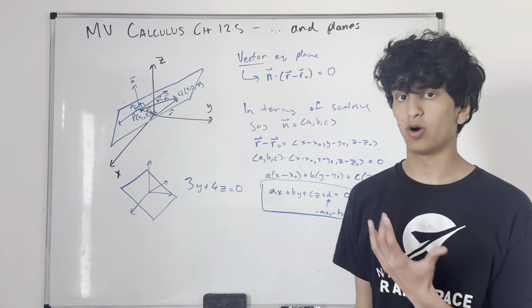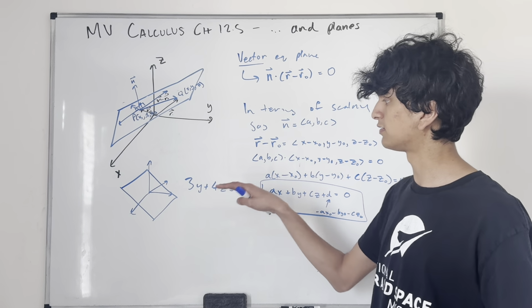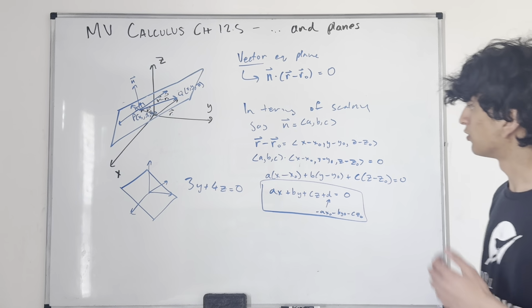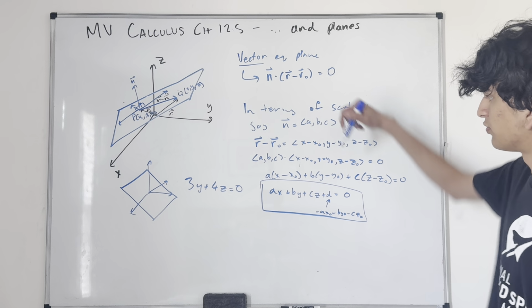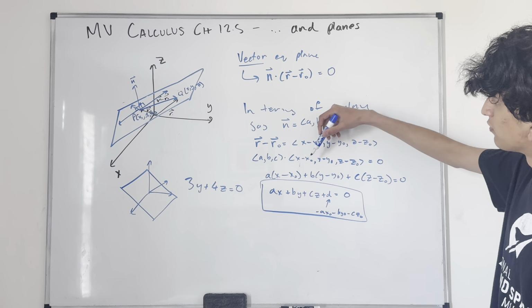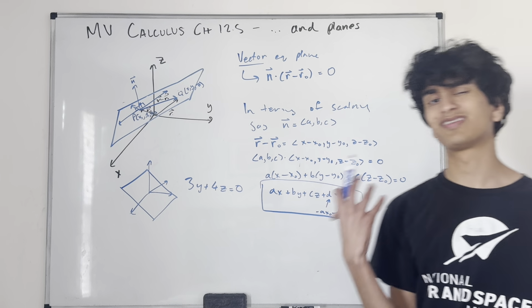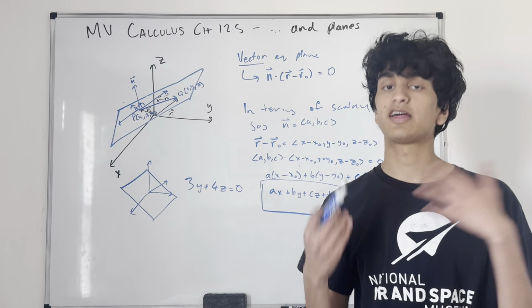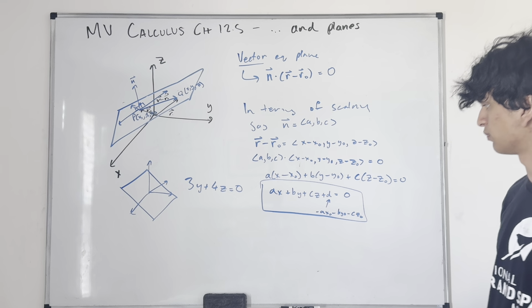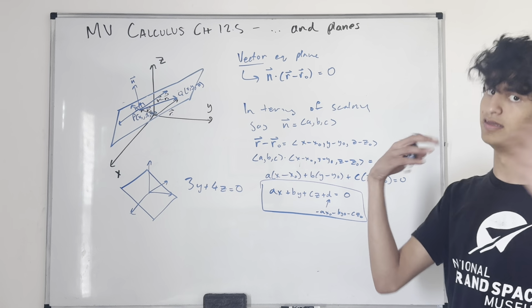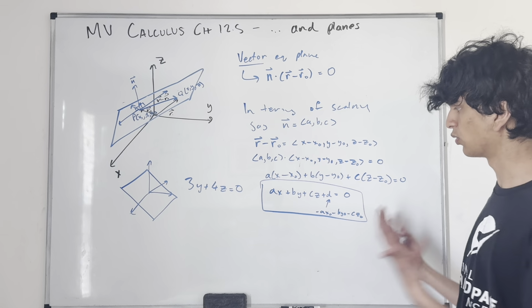So I know that the origin 0, 0, 0 exists on this plane. However, when we're writing our equation with x minus x initial, y initial, z initial, if it's not 0, 0, 0, if it's not the origin, then I know it's going to be passing through some other point, and that's what creates the D constant in the equation.